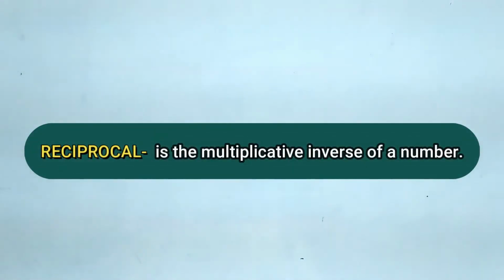So, kapag nagdi-divide tayo ng fractions, meron din tayong rules na dapat sundin at laging tandaan. So, in dividing fractions, first, find the reciprocal of the divisor. When we say reciprocal, it is the multiplicative inverse of a number.